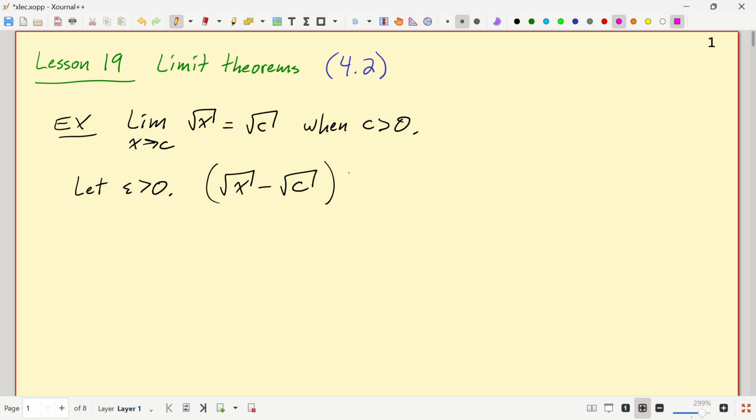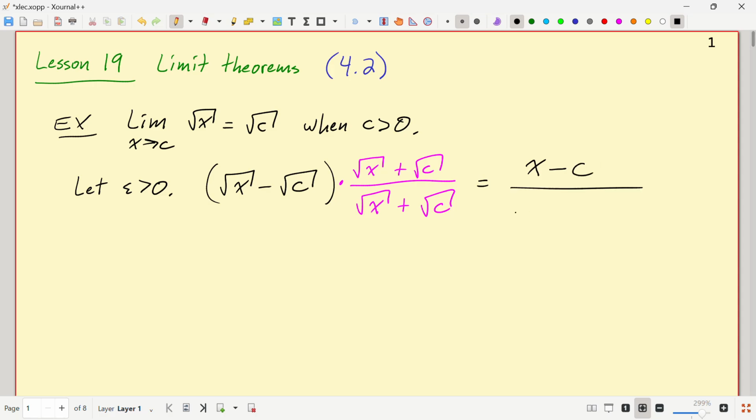So the clever trick is to realize, aha, if I multiply this by 1 in this form, then I get a difference of squares on the top, which is x minus c. And on the bottom, I get a plus instead of a minus, which is good when you're trying to estimate something.